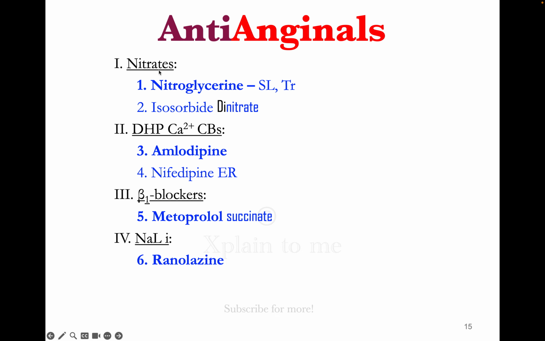First one, nitrates. Major points to remember, how it works. Target is veins, then it releases nitric oxide. Then the second class, dihydropyridine calcium channel blockers. Why is it specific? Calcium channel blockers are 2 types.